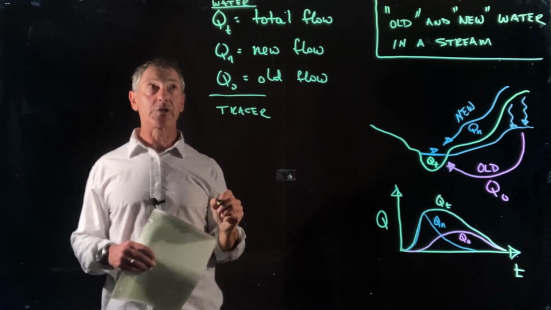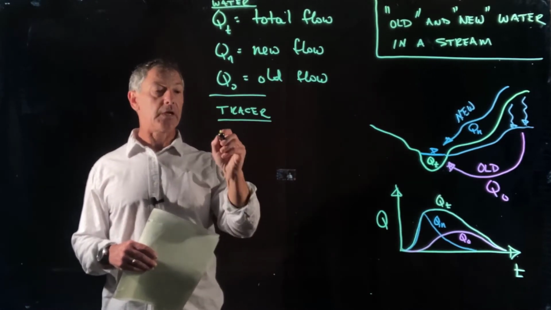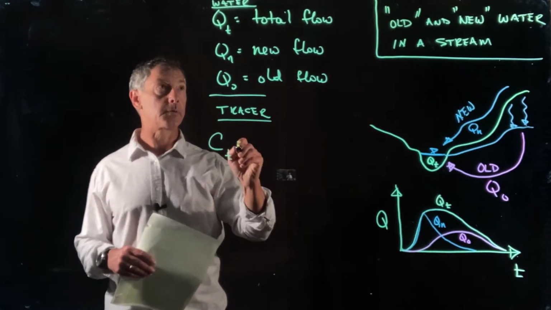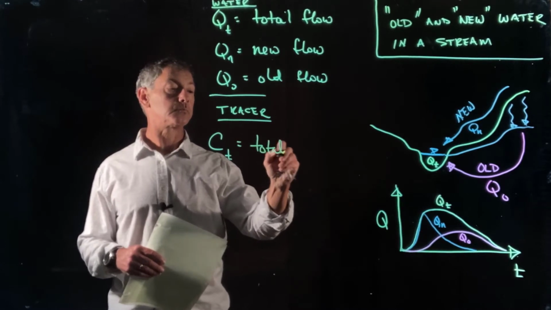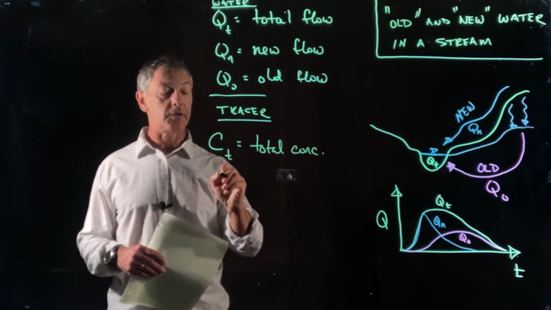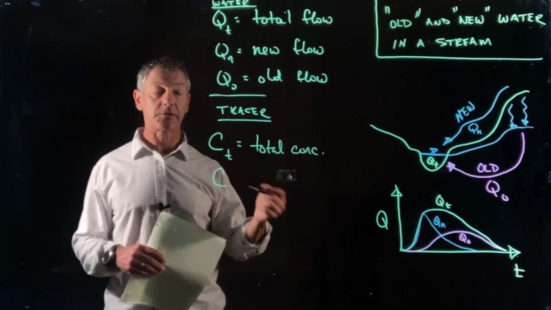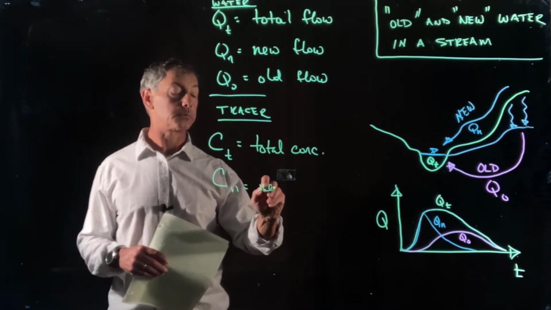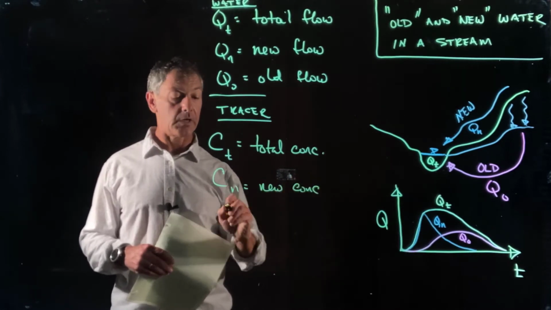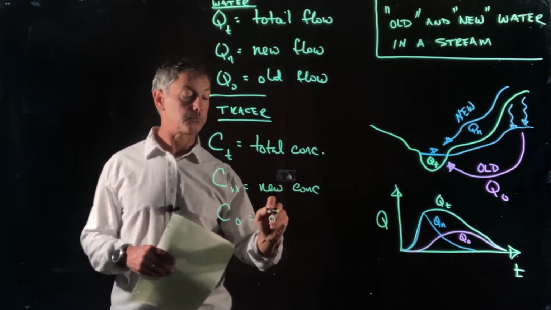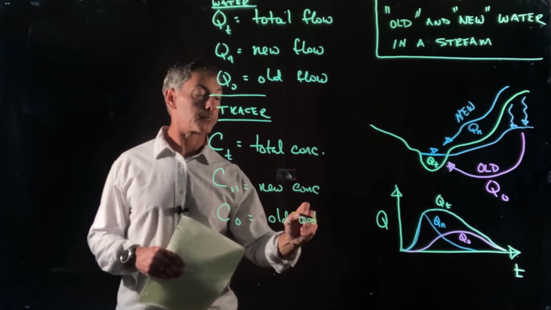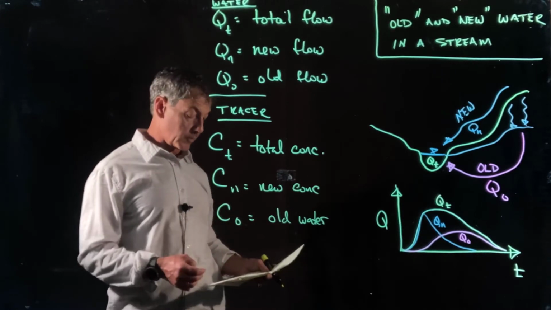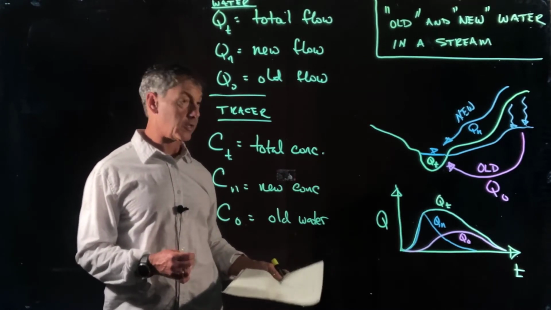We have the concentration of our tracer, and that is the total concentration in the stream. And we have the concentration in the stream that comes from new water. And of course we have the old water. So we're going to try and separate out these components of flow using our concentration.